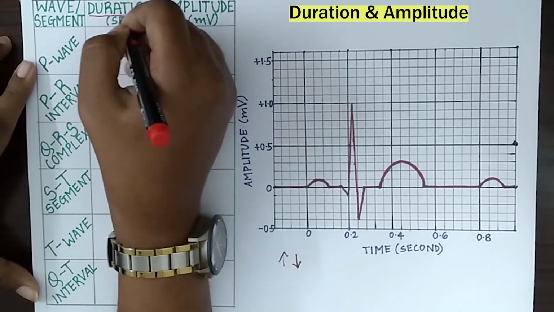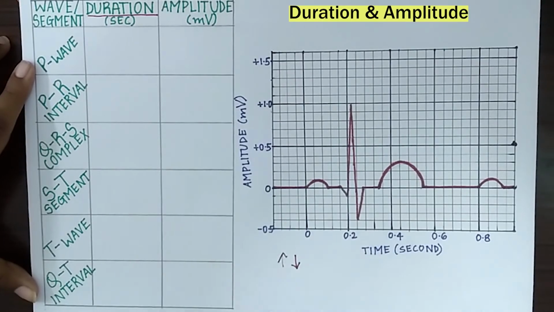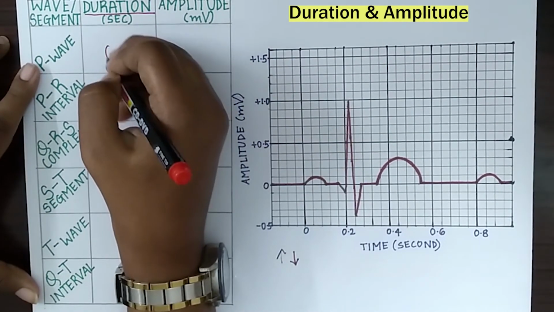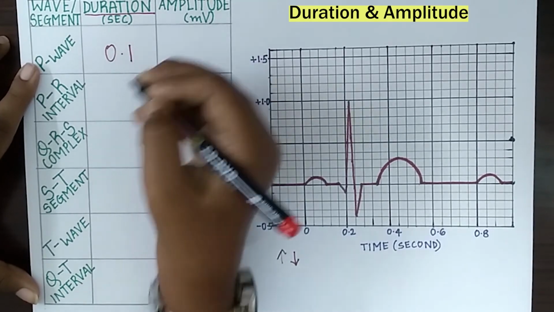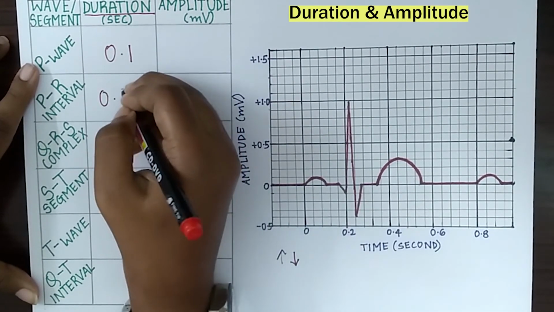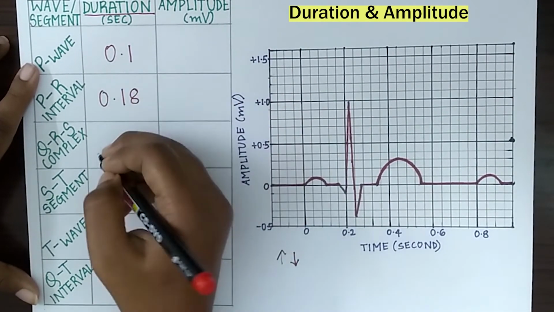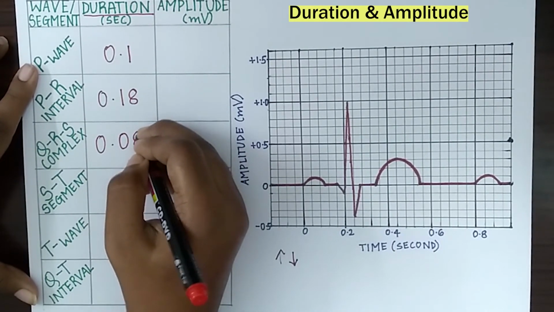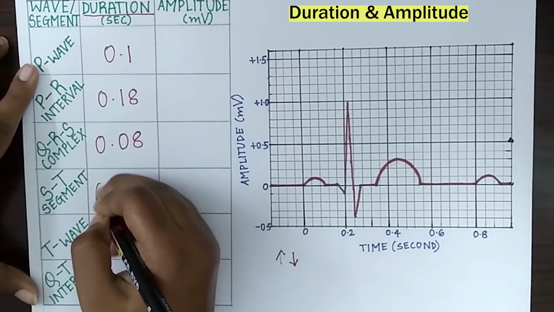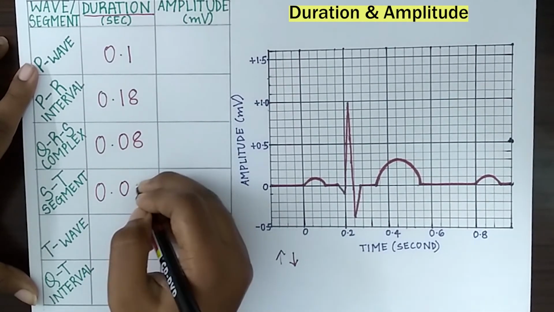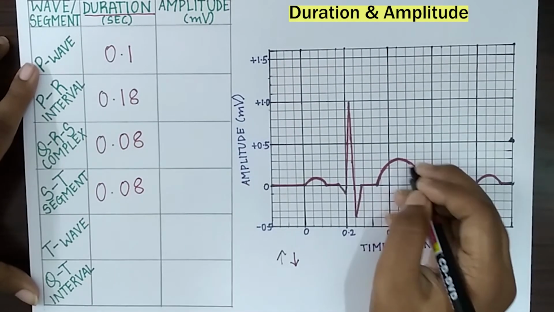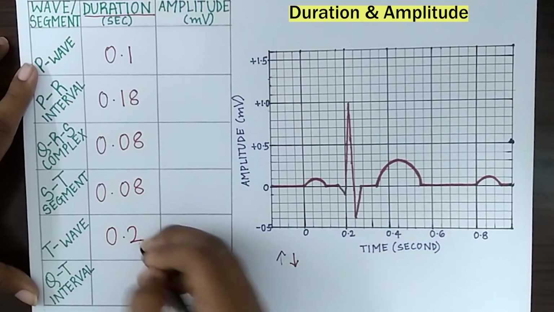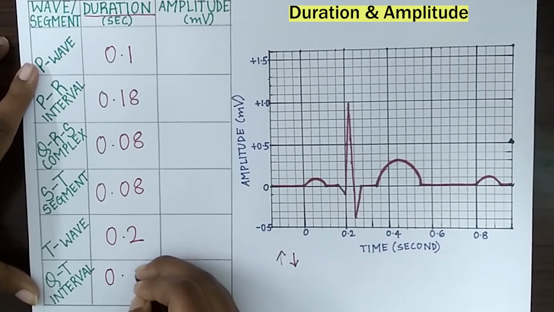So first let's see the durations. P wave is 0.1, then PR is 0.18, then QRS complex is 0.08, ST segment is the same 0.08, T wave is big, so it is 0.2, and QT segment is 0.4.